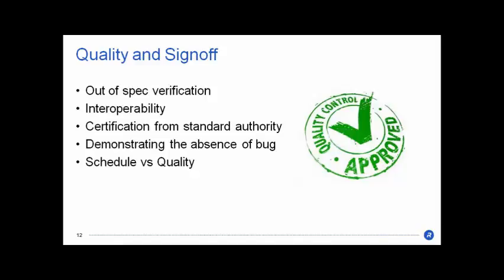But how do you know that what you understood from the spec is the same way another vendor understood it? Unless you do the interoperability exercise. Let's say I'm developing a PHY, so I need to make it interoperable with different vendors' memory controllers and ensure that it's working fine. It's very, very important from the quality point of view.